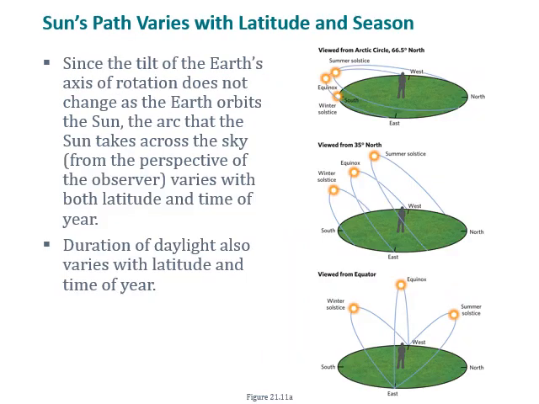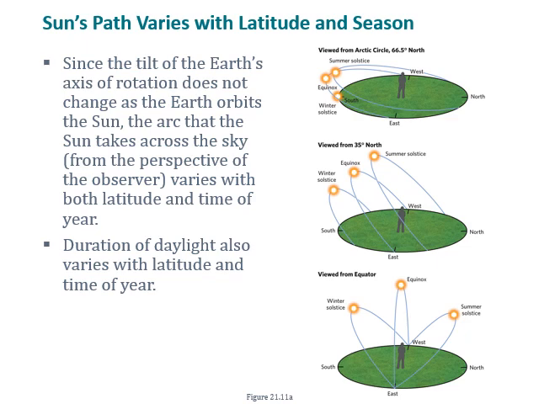To help you visualize this, see the pictures on the right. Since the tilt of the Earth's axis of rotation does not change as the Earth orbits the sun, the arc that the sun takes across the sky, from the perspective of the observer, varies with both latitude and time of year. Duration of daylight also varies with latitude and time of year, as was discussed in our chapter on climate and seasonality.